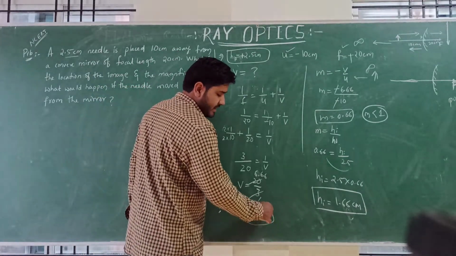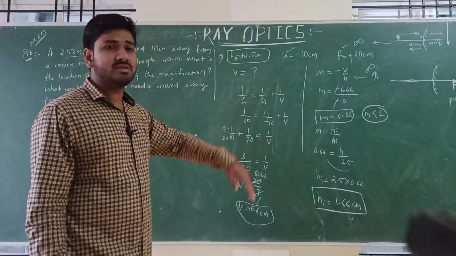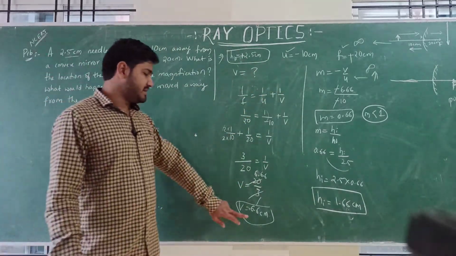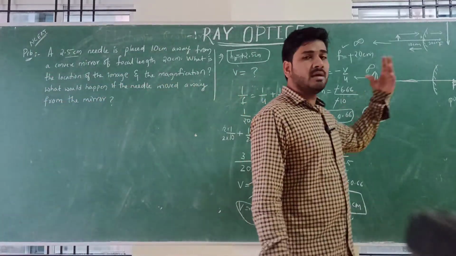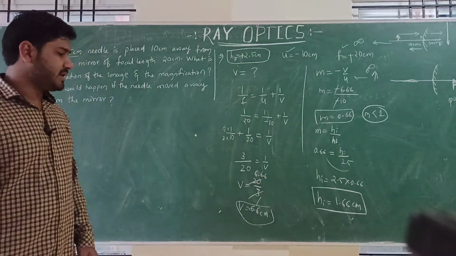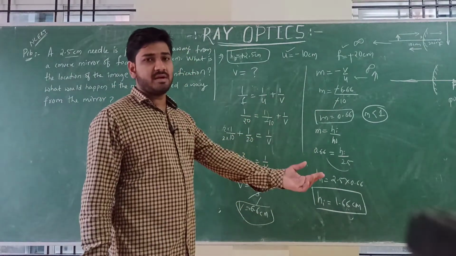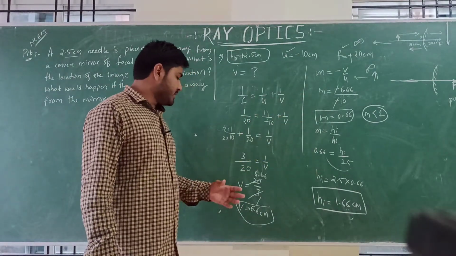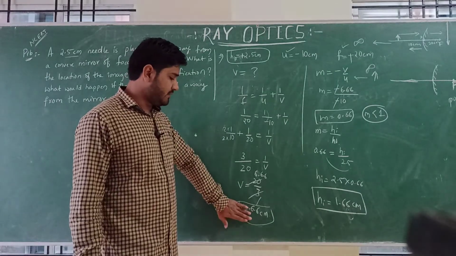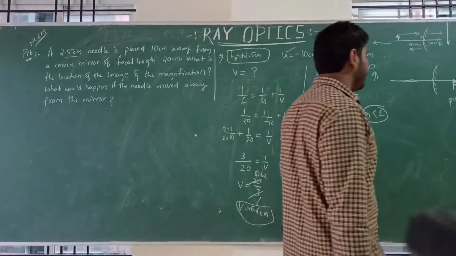If image distance is positive, the image is behind the mirror, because it is a convex mirror. Of course for a convex mirror all the images are behind the mirror only. So finally we can conclude from this that the image is virtual, that is, it is behind the mirror.